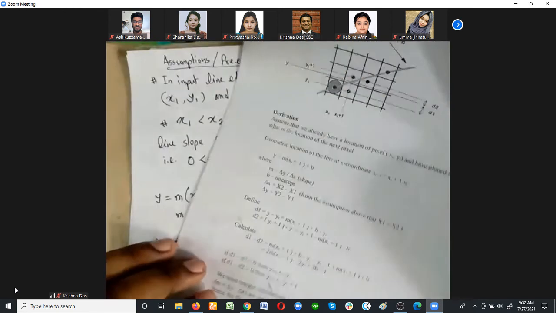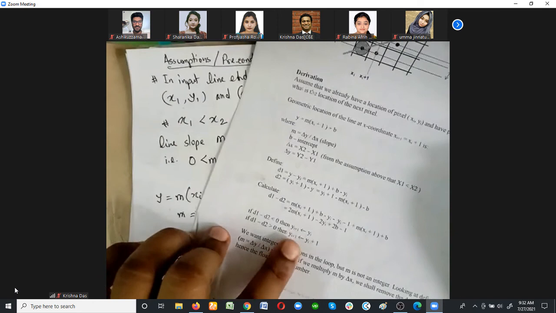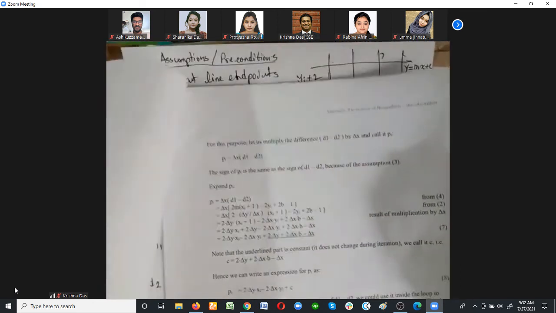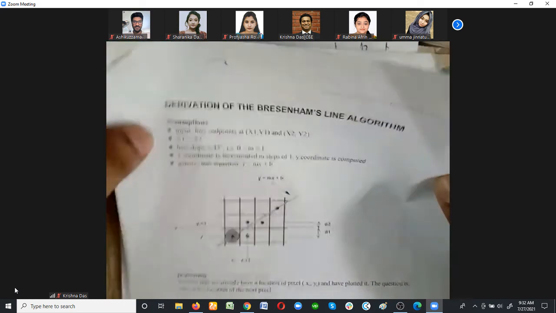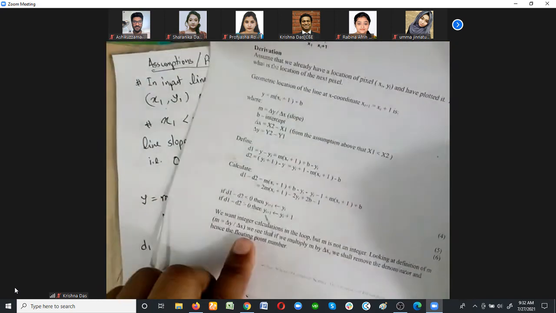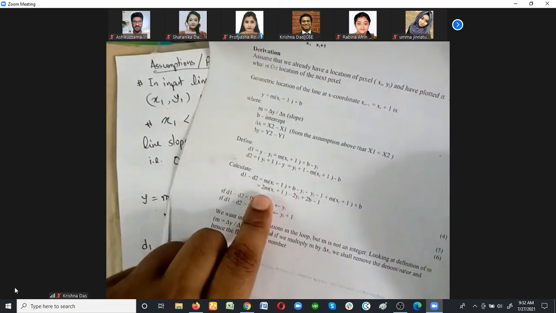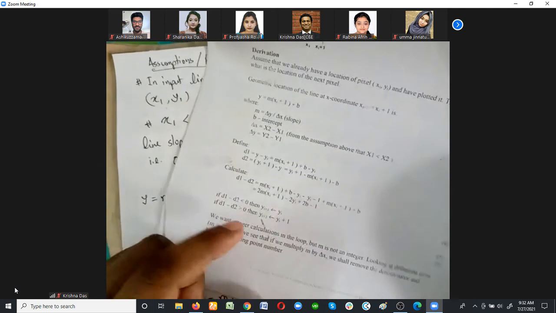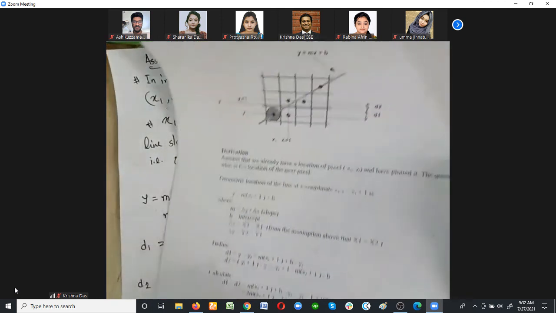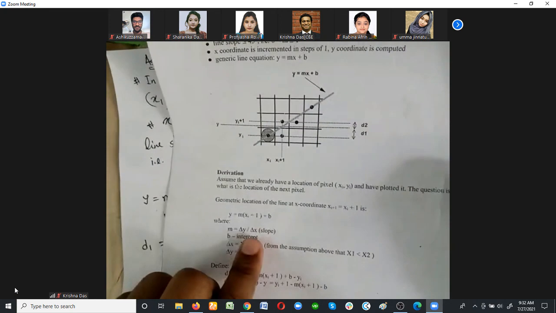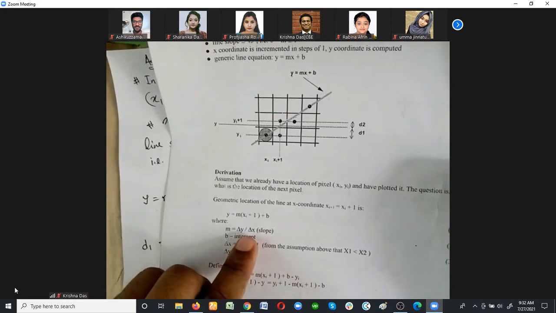As you can see here, the equation you get, we need to multiply with del x, because m has a denominator, as it is a fraction. m is the value of del y divided by del x, so definitely there can be some fraction.